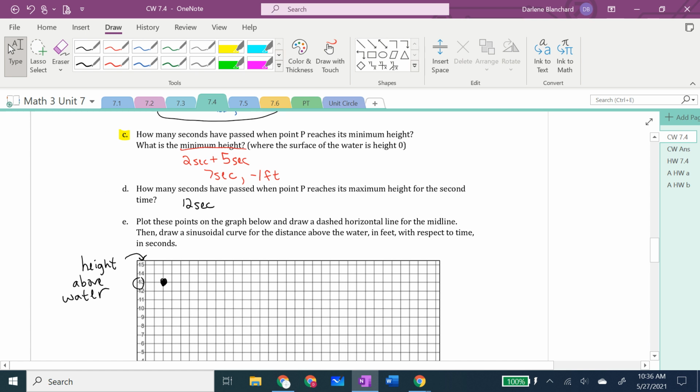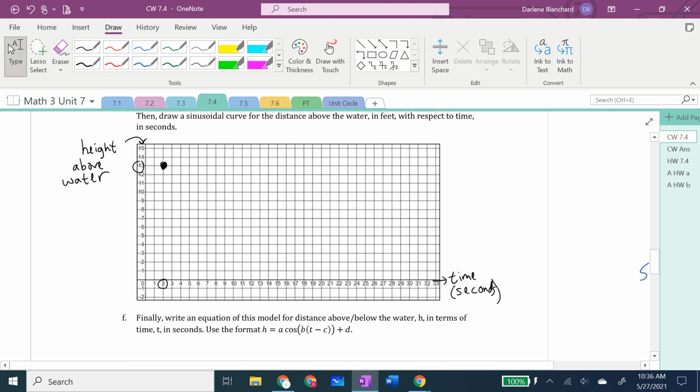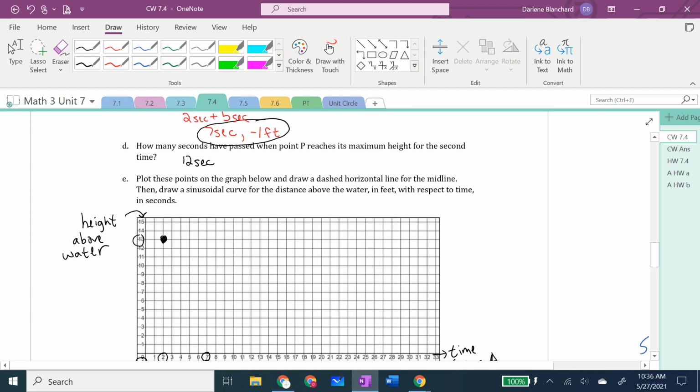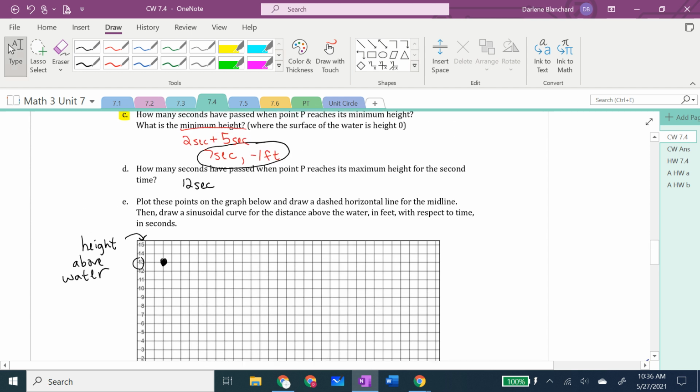Then I have 7 seconds, -1 feet. So I'm going to plot the point 7 seconds, -1 feet, right there. Then I also have 12 seconds, puts me back at my highest point again, and that highest point is 13 feet.